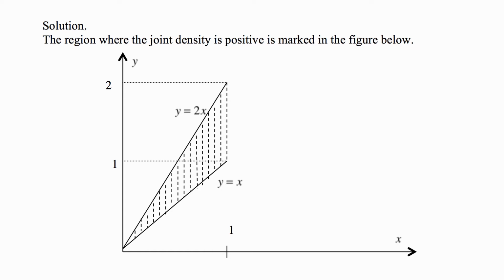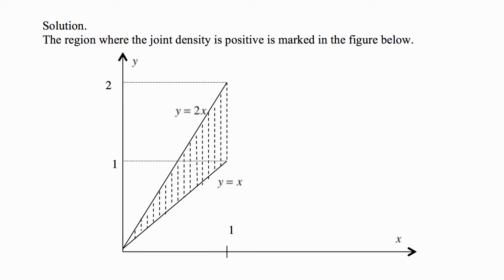In this case, that happens for x between 0 and 1. You can see on the x-axis the point where x equals 1 is indicated on this graph. And y is between x and 2x, and you have here the two lines where y equals x and y equals 2x indicated.